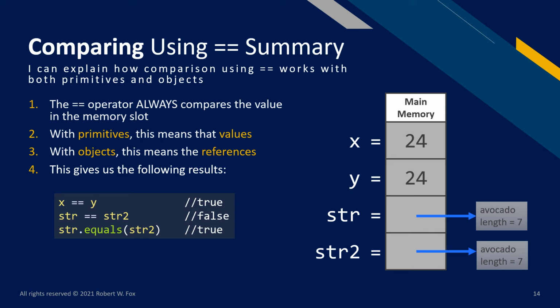And so this gives us the results that it is true that x equals y. It is false that str equals str2, but using the dot equals method, str dot equals str2, which compares the characters, we get the expected result of true.